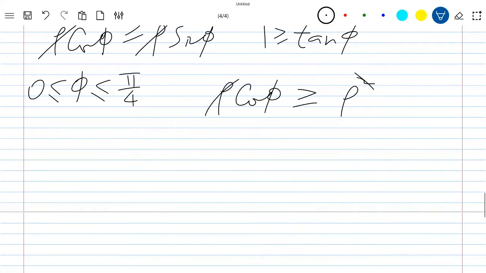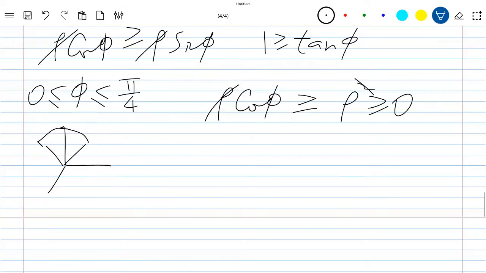Alright, let's try to sketch it. Phi is between 0 and pi over 4, so that's above the cone. And rho is from 0 to cosine phi. So when phi equals 0, it's 1, and when phi equals pi over 4, it's somewhat shorter. So that's kind of like a circle, but actually it is a circle, but the circle is not centered at the origin, it's centered at like that.